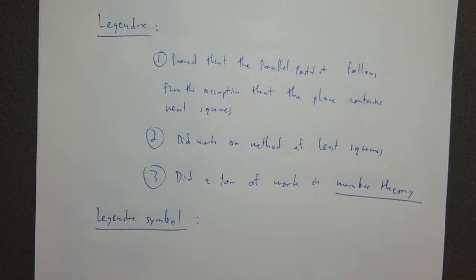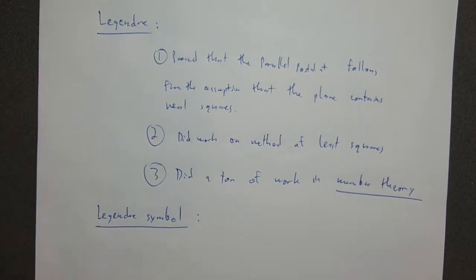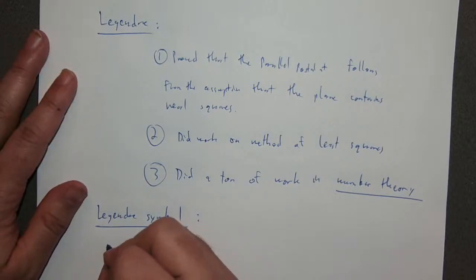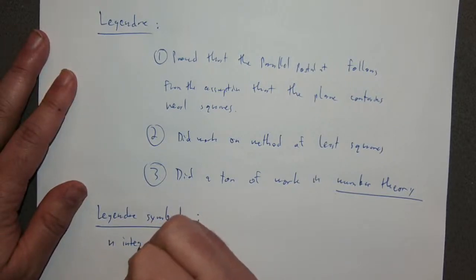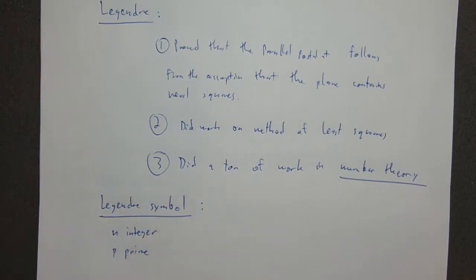So the Legendre symbol is the following. Let's take an integer and a prime p, and let's take the integer such that it's not divisible by p. So let n be an integer, and let p be a prime that doesn't divide n.